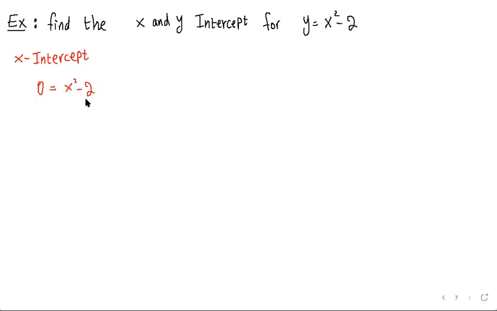So to move the minus 2 to this side, what do I have to do? Add 2 to both sides. So when I add 2 to both sides, I get x squared equal 2. Now this is like the previous section, a simple quadratic equation. Like I said, to solve a simple quadratic equation, just take the square root of both sides.